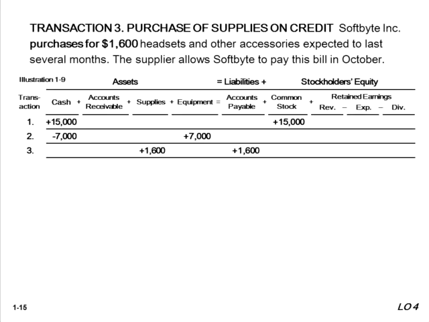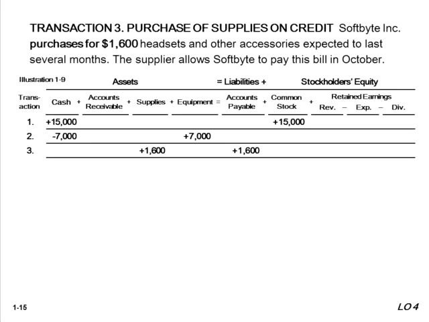Next transaction, SoftBite Inc. purchases for $1,600 headsets and other accessories expected to last several months. The supplier allows SoftBite to pay this bill in October. So in other words, they're purchasing on account.